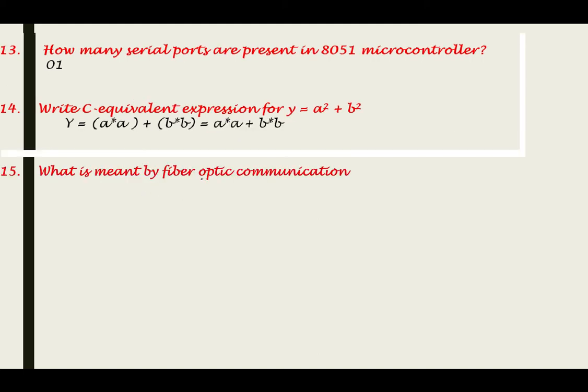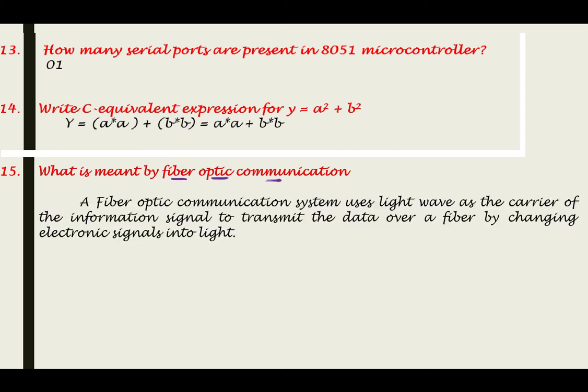What is meant by fiber optic communication? You know, optic means light, communication means transmission of information from one place to another place. Fiber means it is a wire or a pipe. So, if you know these individual meanings, you can frame the definition. A fiber optic communication system uses light wave as the carrier of information.